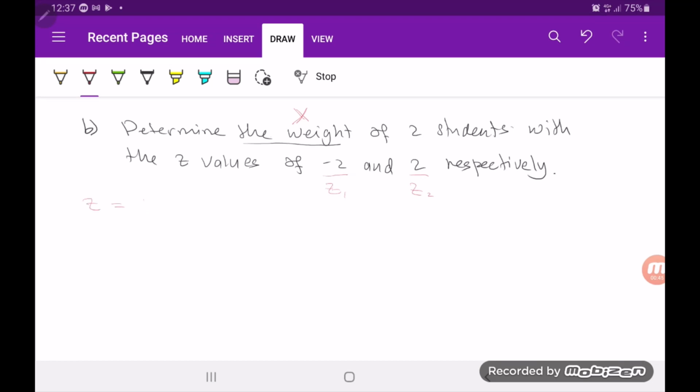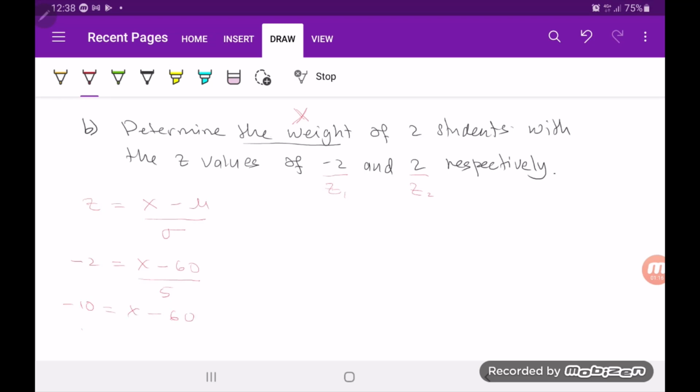Z is equal to x minus nu over sigma. Okay, you know that nu is equal to 60 and sigma is equal to 5. So just substitute z as -2 for student number 1. X minus 60 over sigma, which is 5. And then cross multiply.